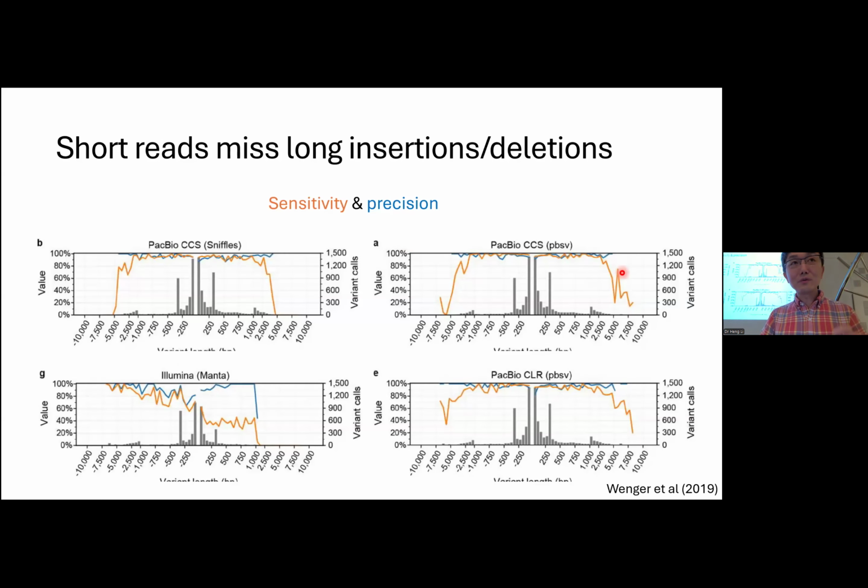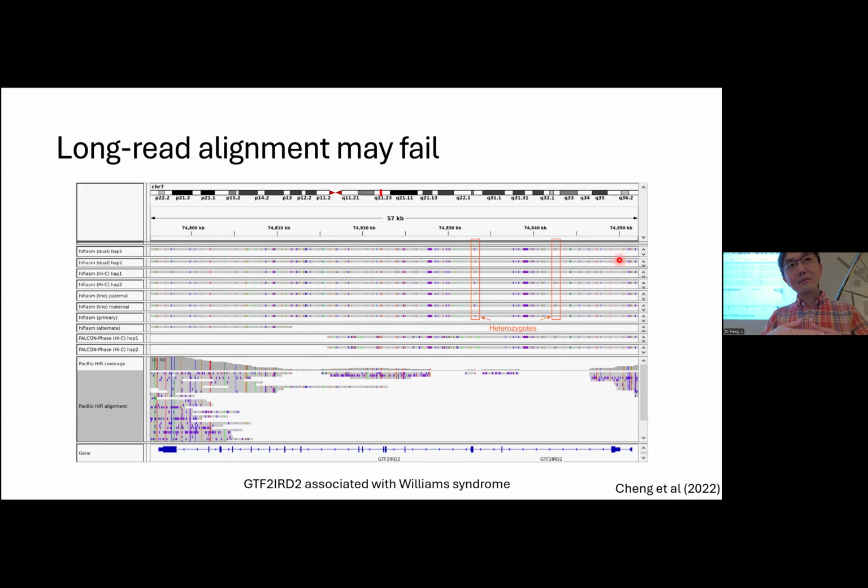The accuracy drops at longer scales, mainly because once you have events longer than the reads, it is very difficult to do the calling from the long reads. With assembly, you can build through the longer reads and go through the longer regions, and this will improve the variant calling.